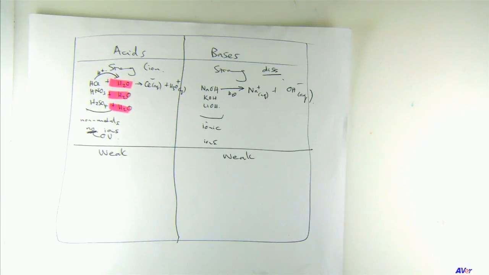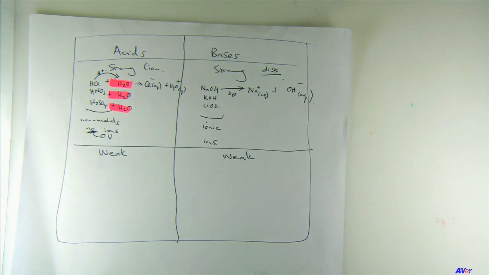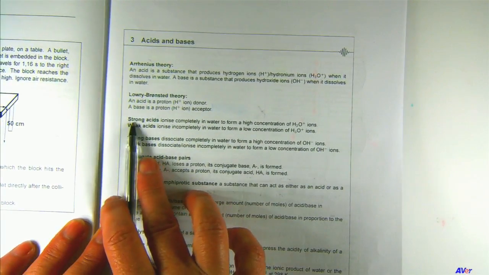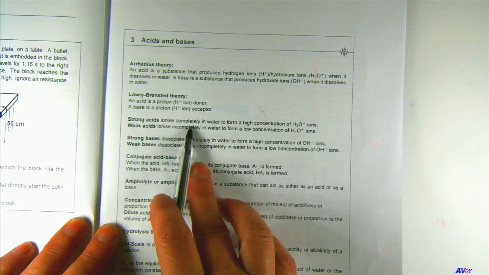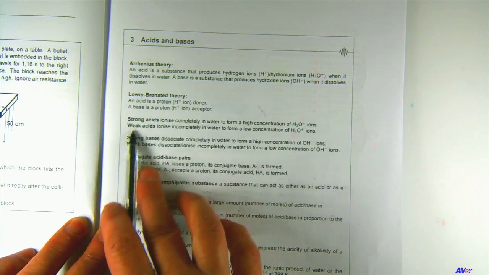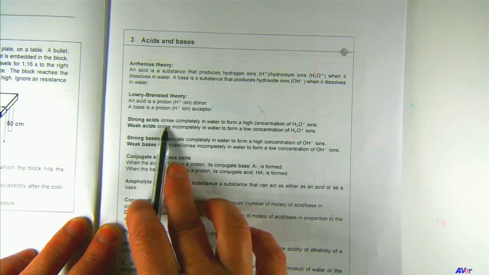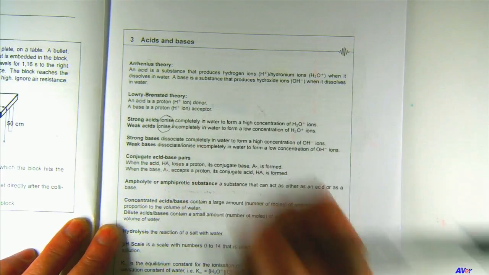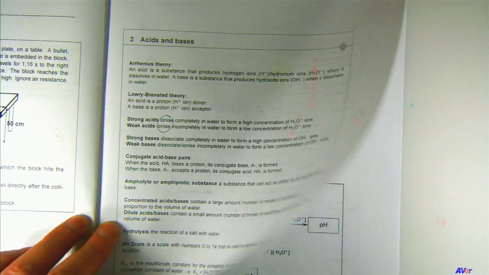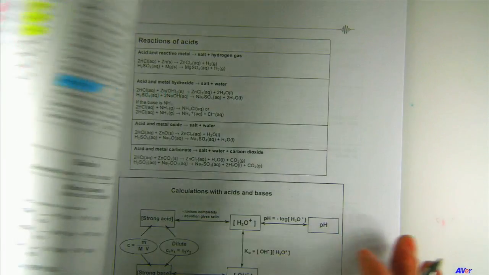So if you turn back to page 19, with the definitions we said, strong acids ionize completely in water to form high concentrations of H3O+. Weak acids ionize incompletely. The word ionize is there because it is only now going to form ions. There were no ions present before.